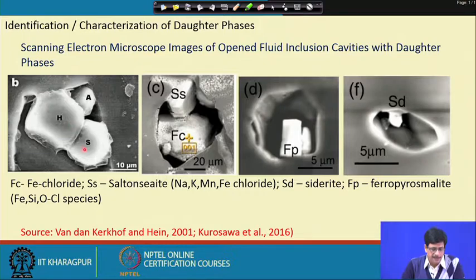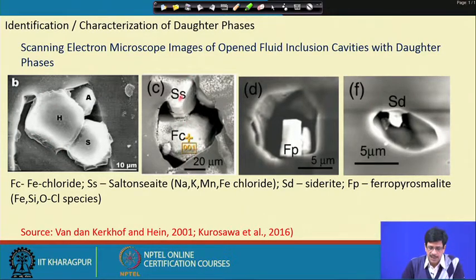Here in this case there is one halite, sodium chloride, sylvite and an anhydrite, these three solid crystal phases within an inclusion cavity shown here in quartz.